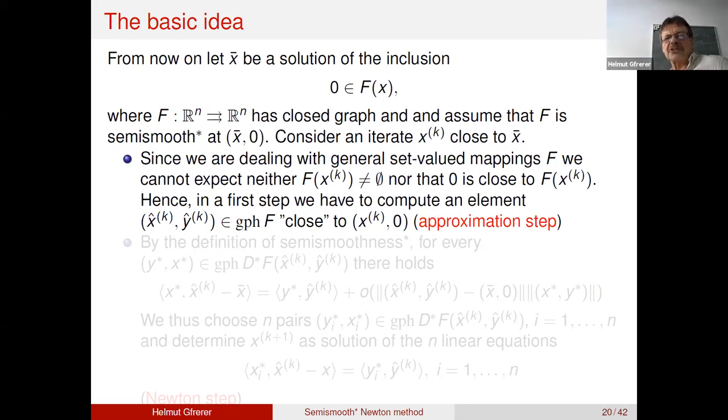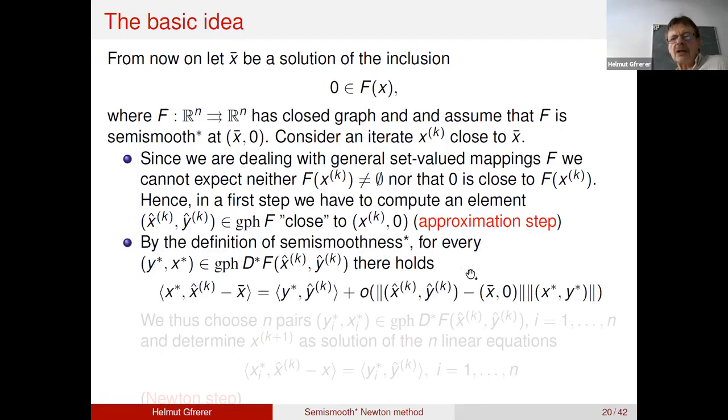That is, in the first step, we have to compute an element, let's say x hat k and y hat k, belonging to the graph of F, which is close in some sense to xk and 0. We call this step the approximation step. Now let us come to the Newton step.